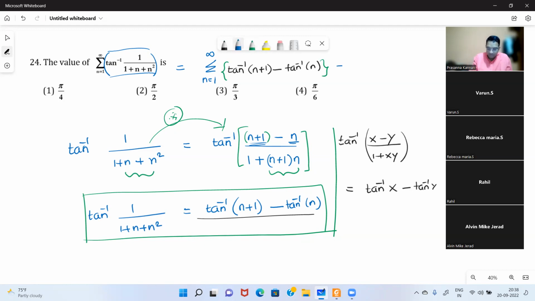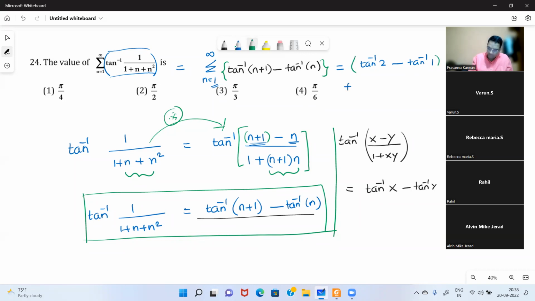So now first I should put n as 1. When I put n equal to 1, it becomes tan inverse of 1 plus 1, which is tan inverse 2, minus tan inverse 1. That is the first term.